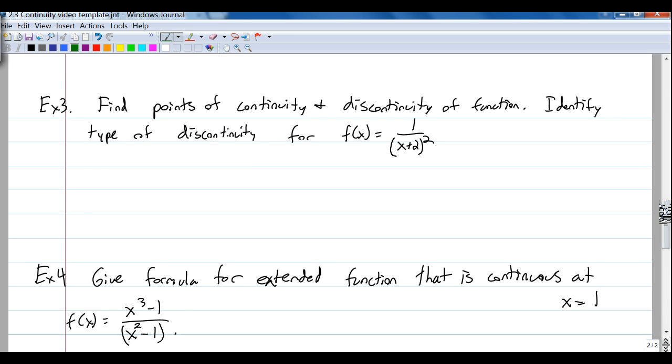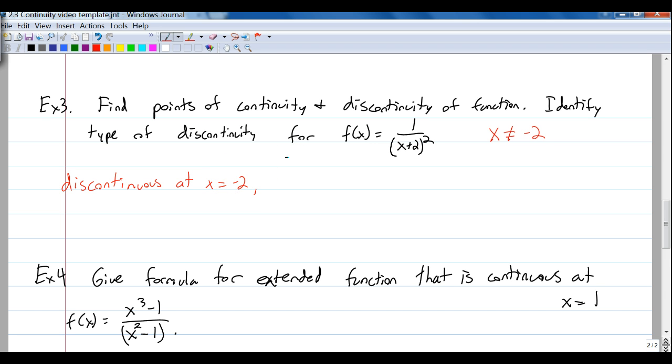Okay, find points of discontinuity and continuity, and then identify the type of discontinuity for the function. Well, this one here, again, we have a bottom where we can't have it be equal to 0, so x cannot be negative 2, just by looking at that. Now, nothing cancels out, so we're going to say it's discontinuous at x equals negative 2.